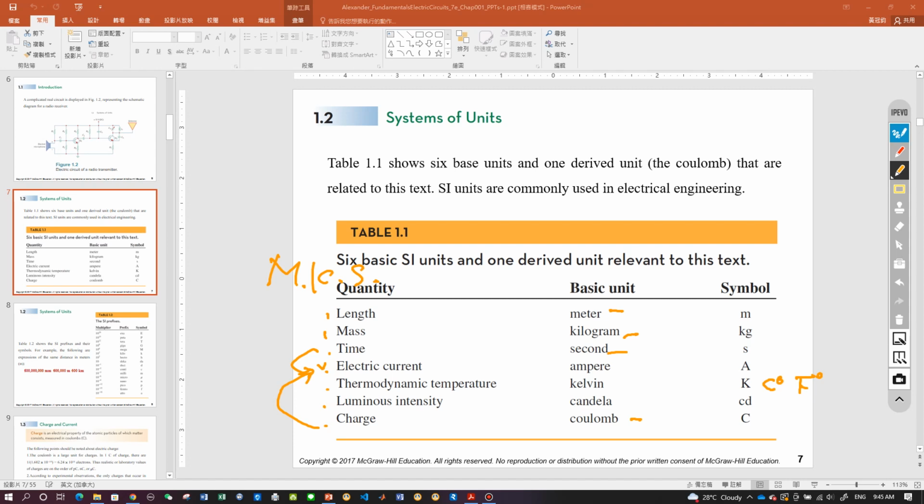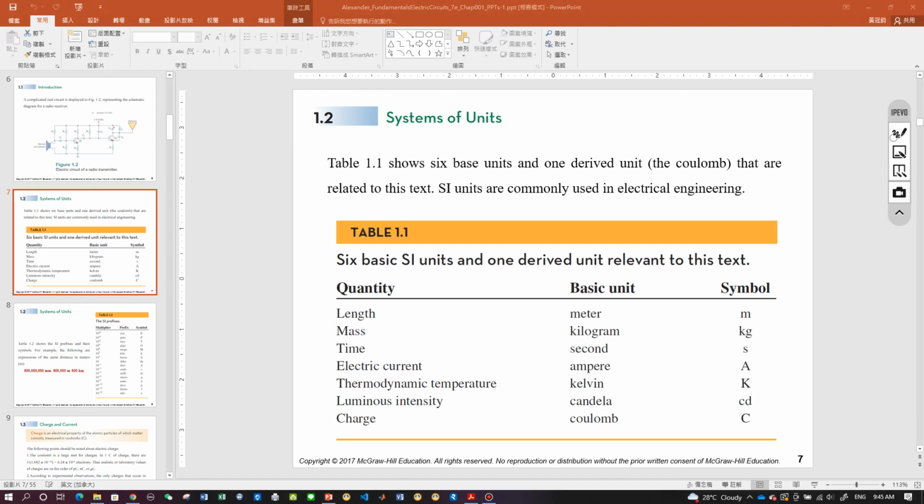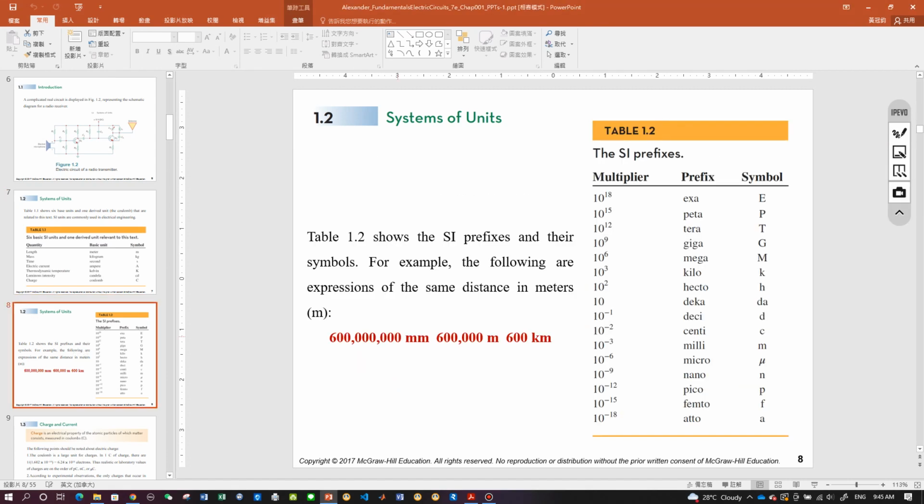Here, there are a couple of things you have to know. Here is the prefix. For example, and this is simple. I don't know whether we are going to have a similar approach for the quiz, but whatever.